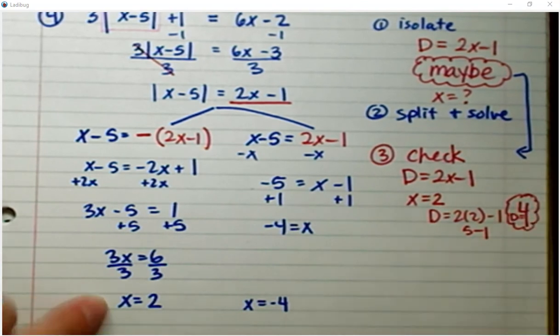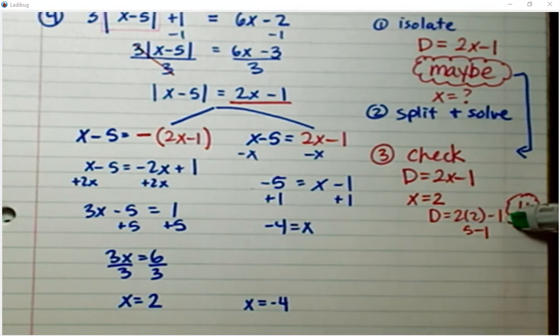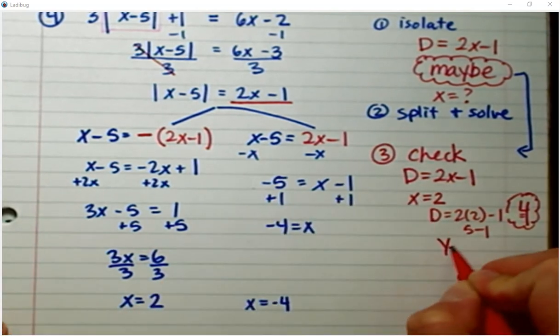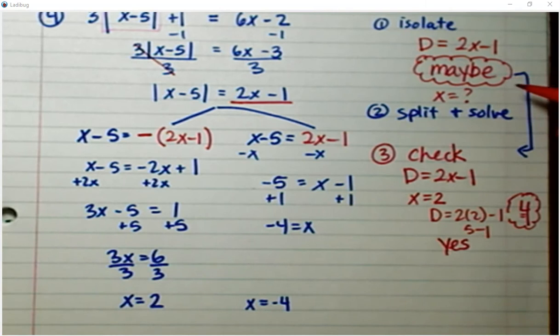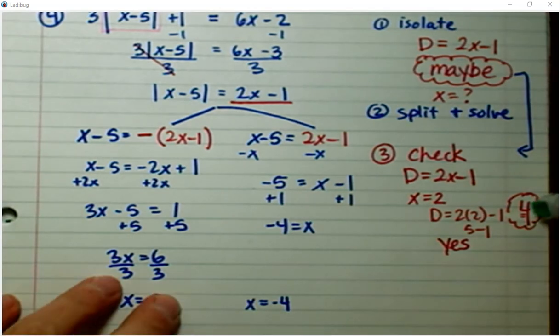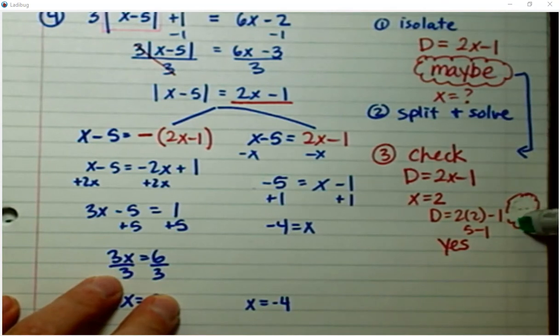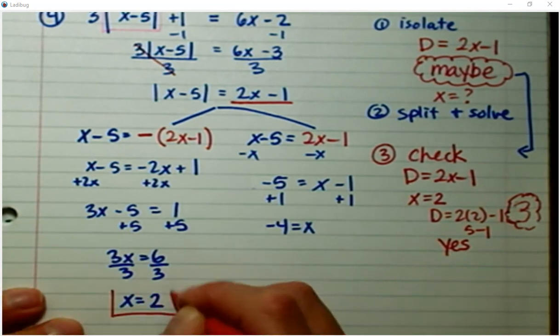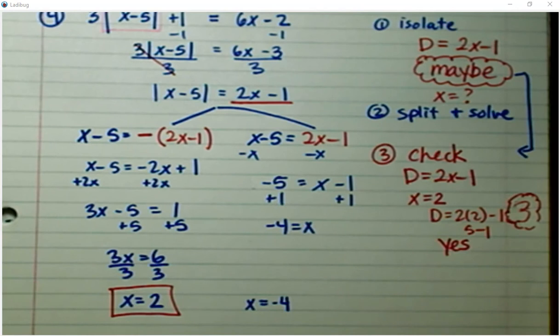Can distance equal 4? Yes, it can. I mean 3. Can distance equal 3? Yes. Check, check, check. It works out.